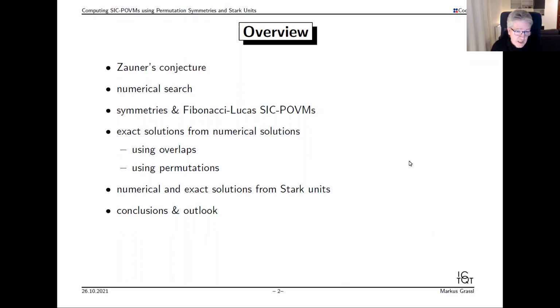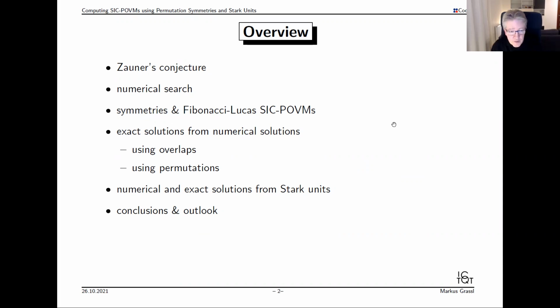Then one of the key steps for me was when we discovered how more symmetries can help us to push the limits further, and I will briefly discuss what the symmetries look like, in particular also a paper of the same name, relation to Fibonacci-Lucas numbers.